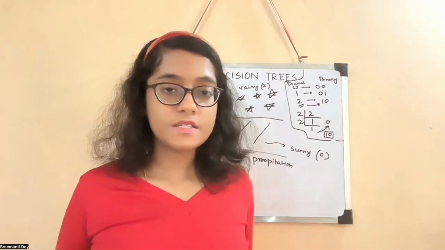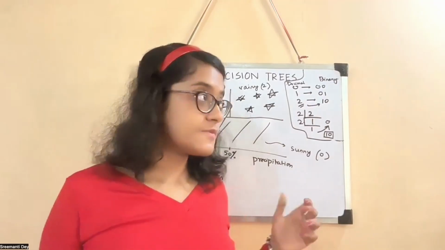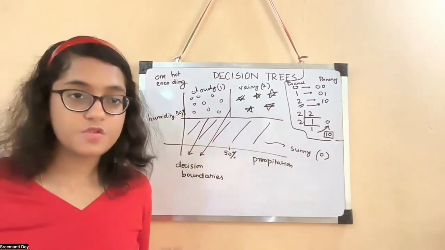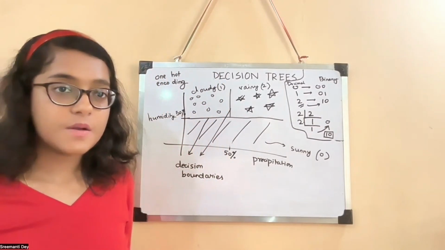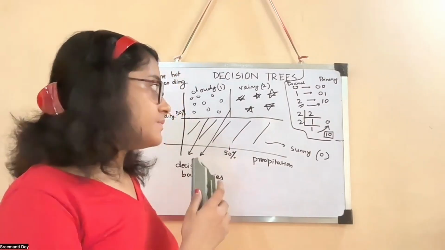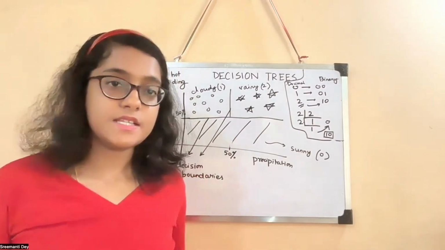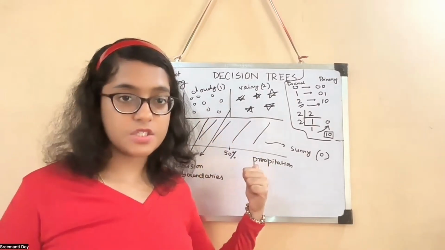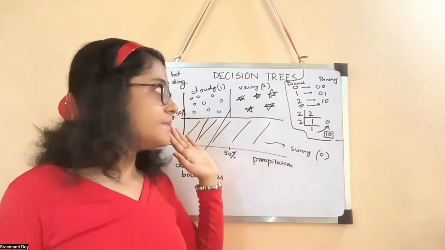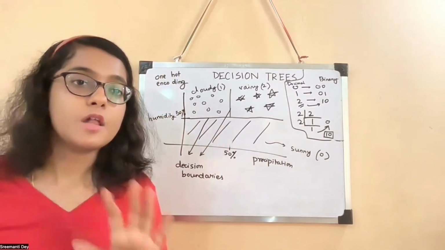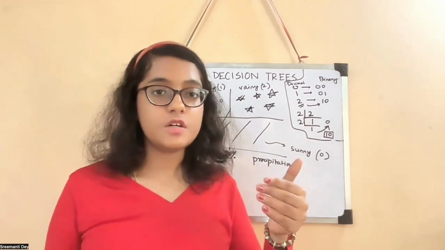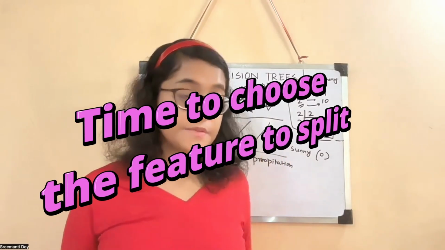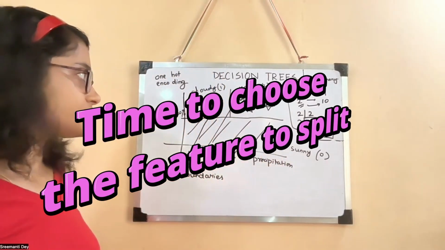Okay, so now that we know our target variable and the data set properly, and we have a good idea of what we're trying to solve, the next thing is how we can get the attribute we need to split at each step. As you remember, first in my example it was humidity, then it was precipitation. That was just a random example, but we need to know which attribute. Suppose we have a lot of features and we need to know which feature to use at each step. That is very important.